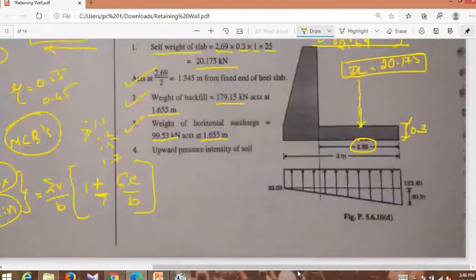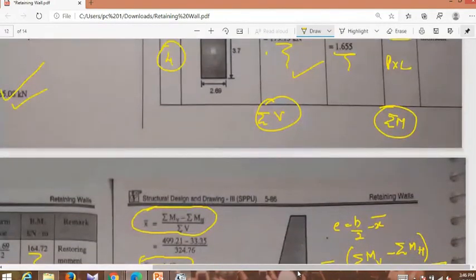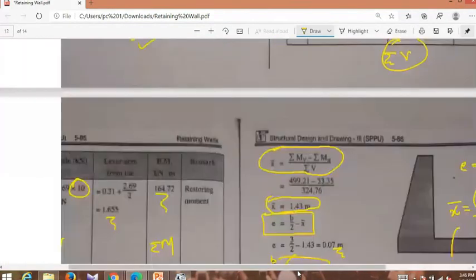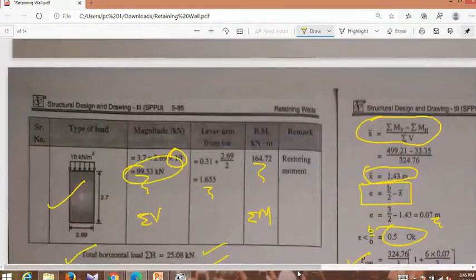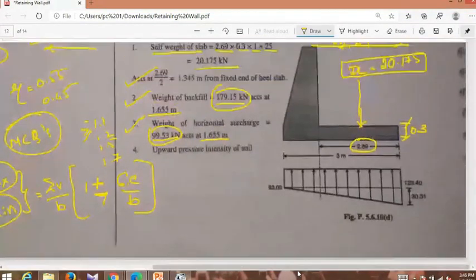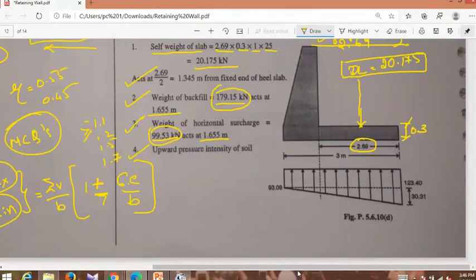Just remember these values, 179 and 99. We have already calculated the loads, just take them and substitute here. Then we are left with the upward pressure intensity of the soil.